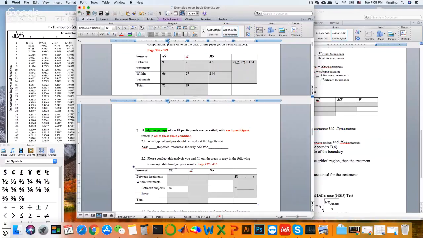I just said the first step is identical to the independent measures ANOVA, because we have the same data. Identical means we have the same result.